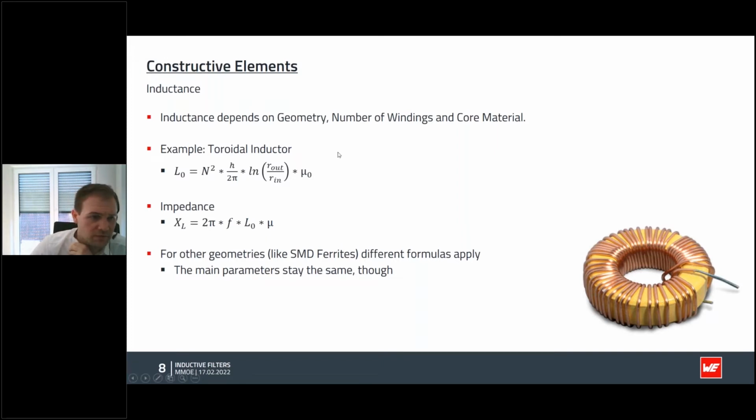But even for an SMD ferrite, the formula is pretty similar, so you get the gist of what is happening. The inductance increases with the size of the inductor, because the area of the magnetic field plays a role here, and with the number of turns around the core. Turning up the frequency will then lead to a higher impedance, as you can read from this basic formula.